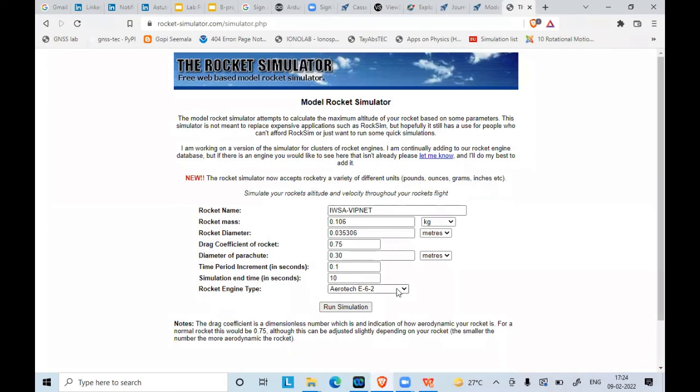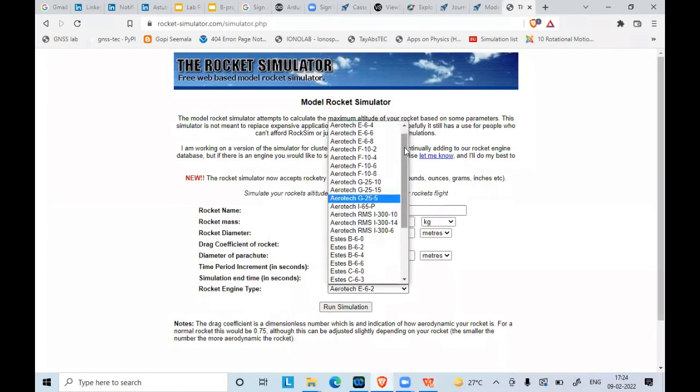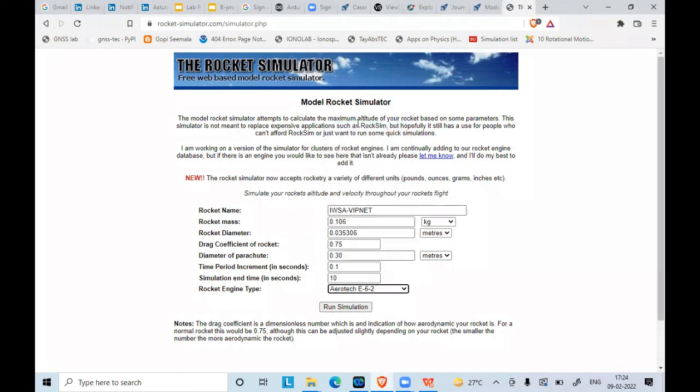Here you will see the rocket engine type. You have different kinds of engines, which are the commercial standards people use in standard rocketry. So let's take a standard engine, Aerotech E62.